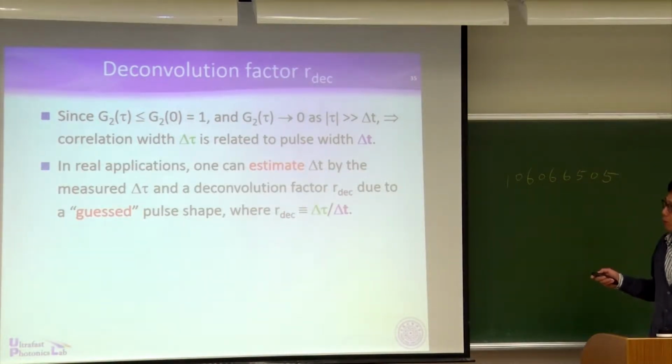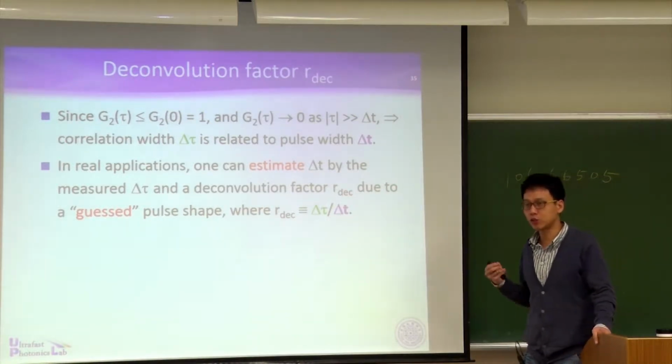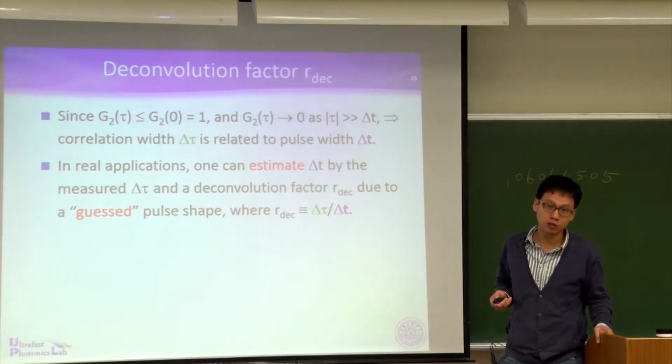So in real applications, one can estimate delta t. Remember, it's only an estimation; it's not a precise number. You estimate it from the measured correlation width delta tau and a deconvolution factor due to a assumed pulse shape. Before we know how to accurately retrieve the pulse shape, this is something we do not know, right?